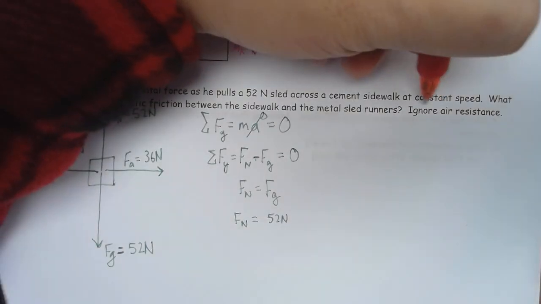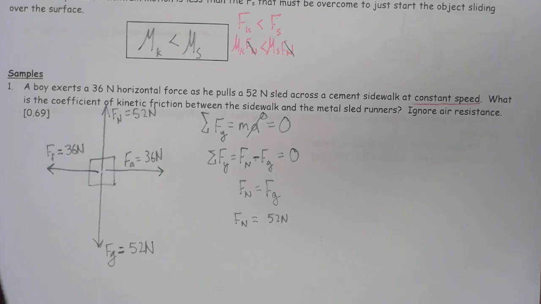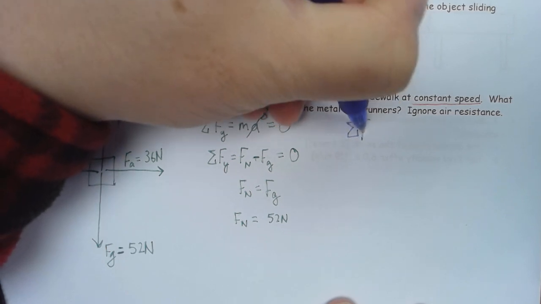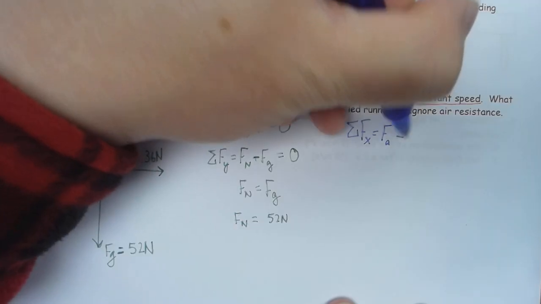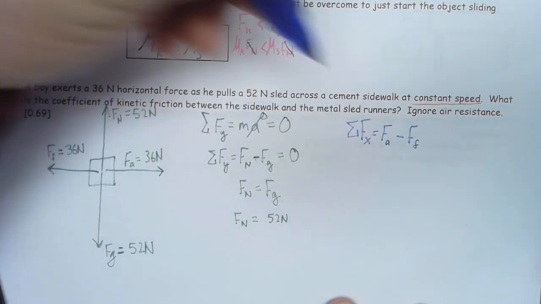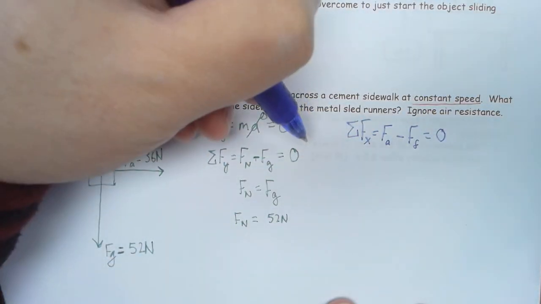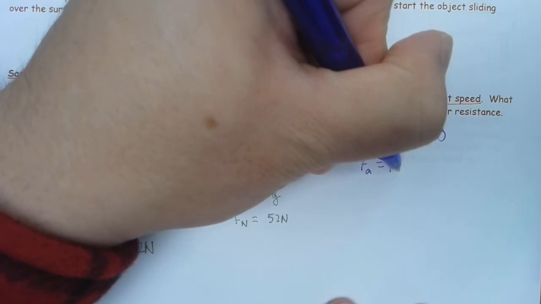Constant speed is code for... Yeah, it's at equilibrium or no acceleration. And so the net force in the x direction is the force applied versus force friction. And therefore, if that equals 0, FA equals FF.